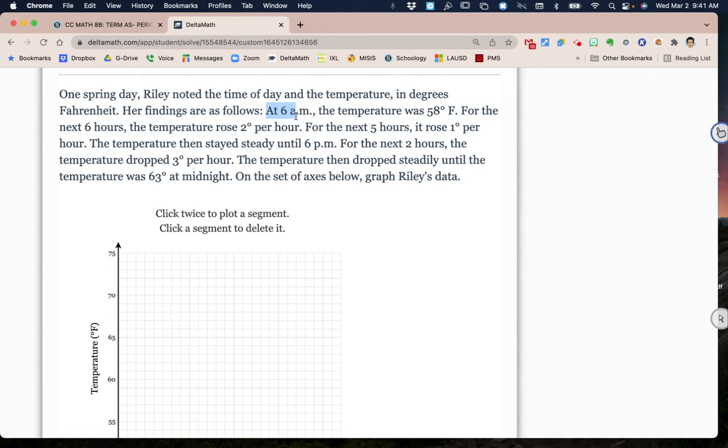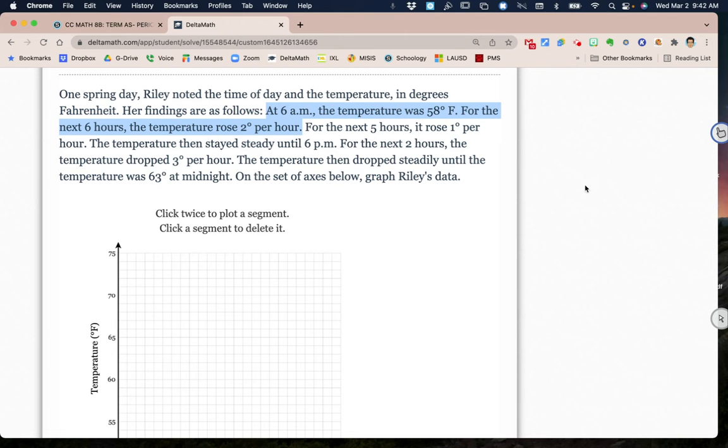For the next 6 hours, the temperature rose 2 degrees per hour. So for 6 hours, the temperature goes up 2 degrees per hour. How many total degrees will it go up in those 6 hours? If it's going 2 degrees every hour for 6 hours, 12, right?